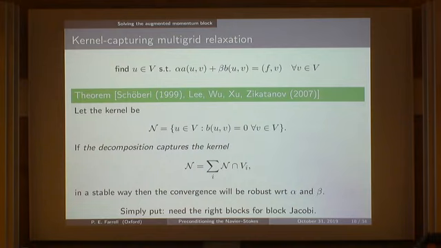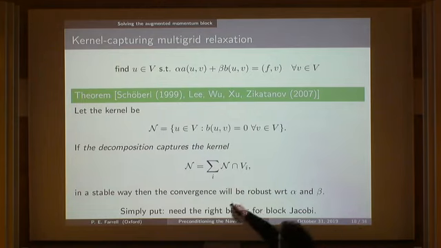What do I need for my space decomposition? I need it to satisfy the following property, this equation here. If I satisfy that equation, I get robust convergence. I can vary the parameters, and the convergence doesn't change. And if I don't satisfy this, all the experiments at least suggest that you won't get robust convergence.